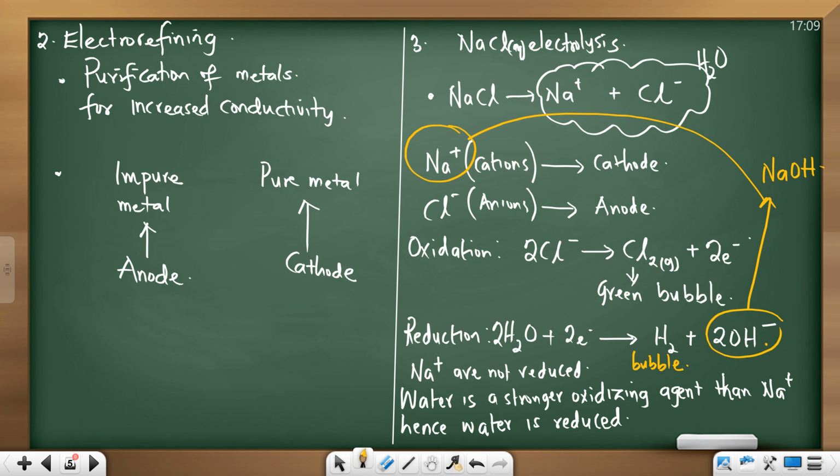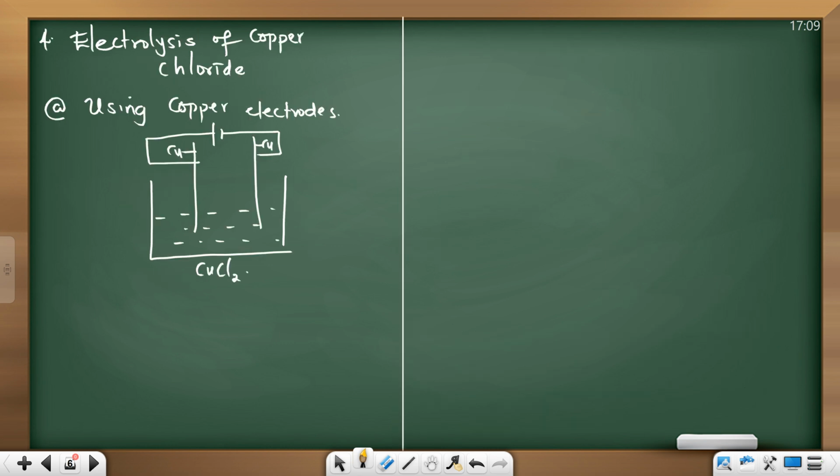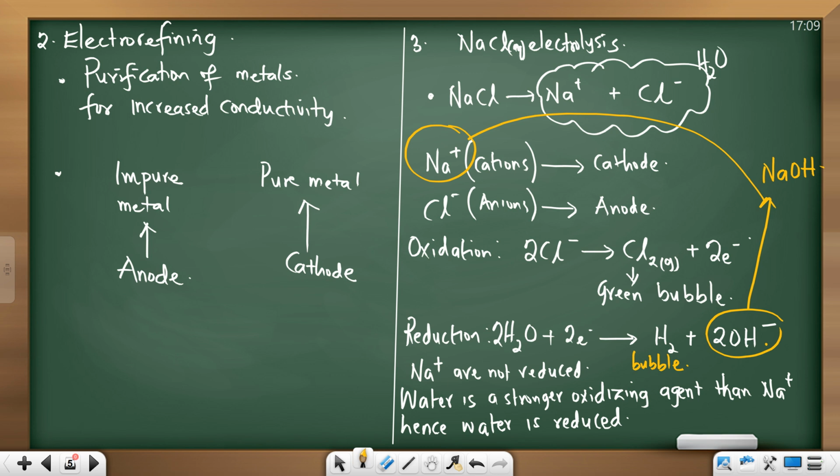Because we have sodium ions left, and we are now forming hydroxide ion. Can you see how we brought in acid and base? We form acid and base.